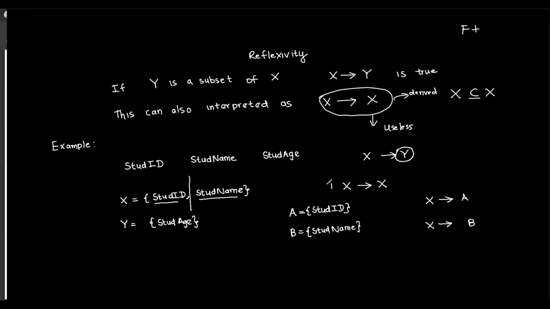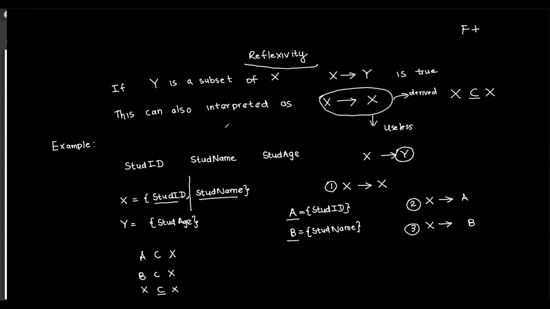First, we applied x functionally determines x. Second, x functionally determines A, where A is a subset of x. And B is also a subset of x. X is also a subset, but it's the equal set as x. So we can come up with three additional FDs by using the reflexivity axiom.